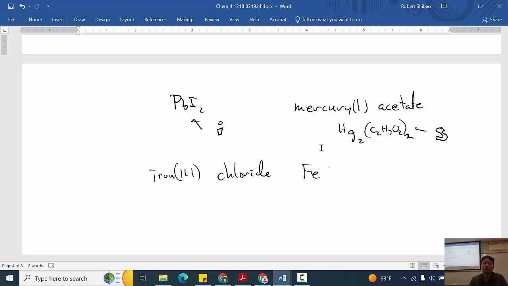FeCl3. Is that soluble or insoluble? This is soluble.